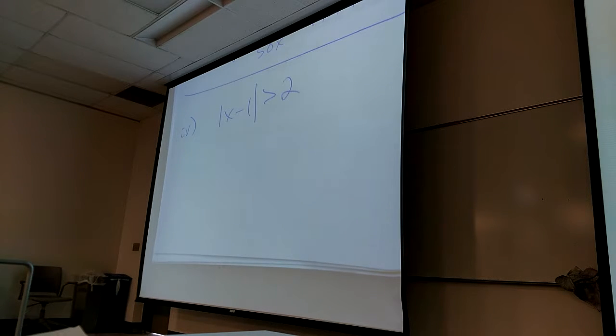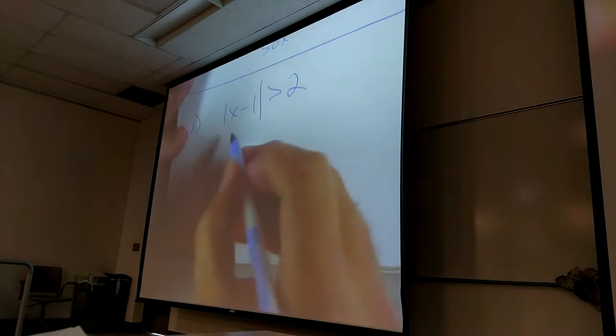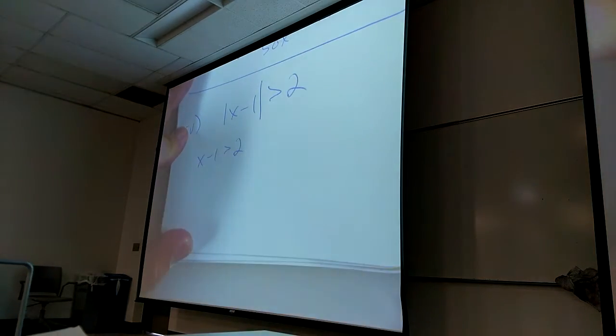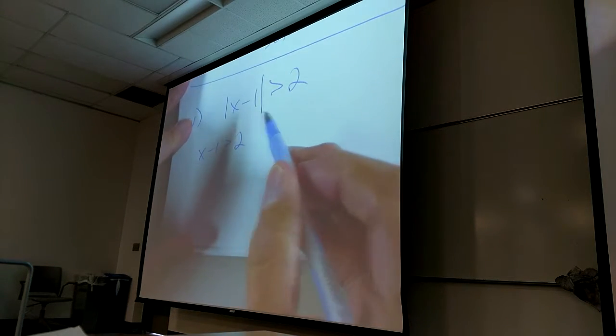So that means I can't expect to write it in a single thing because it's going to be two separate answers. So now I'm going to have to write my two cases. And they're actually the same exact cases as when we did equations. One case is x minus 1 alone is greater than 2. If that number is already bigger than 2, then the absolute value is bigger than 2.